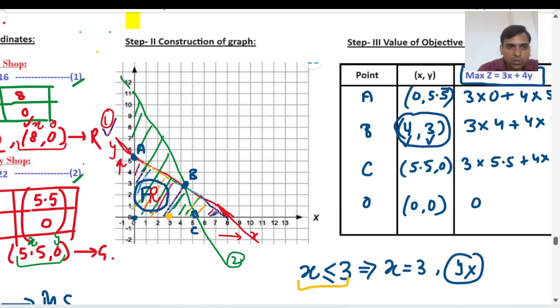So we will draw a vertical line which passes through 3, and this is x less than or equal to 3. This means we can produce a maximum of 3. We can produce 2 units, 1 unit, or 0 units. So we will shade the portion towards 0, the left-hand side of this line.